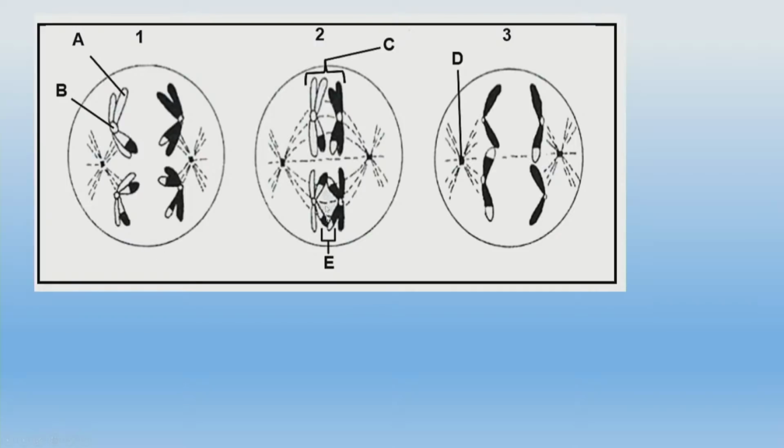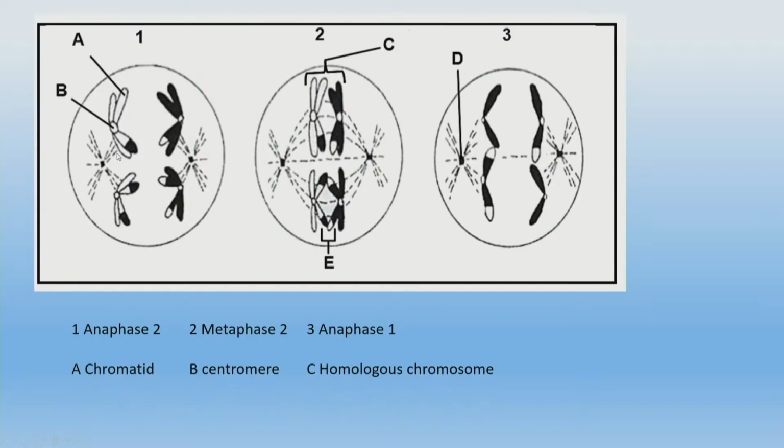And in this case, there are still spindle fibers between them, so that is metaphase 1. And then the usual questions are to give the phases, also to give the labels. So we have anaphase, this is anaphase 1 actually, not 2.